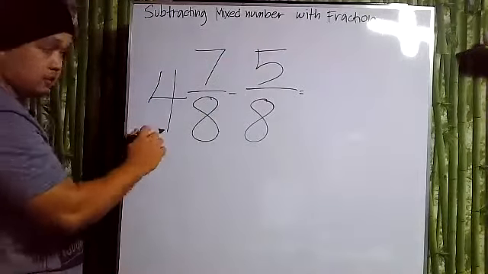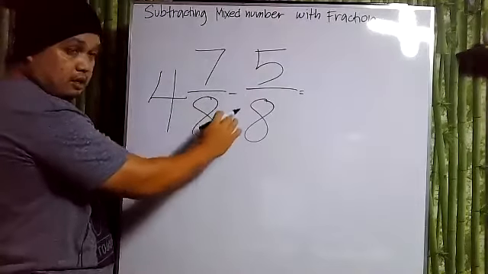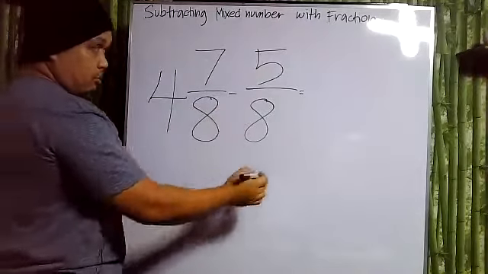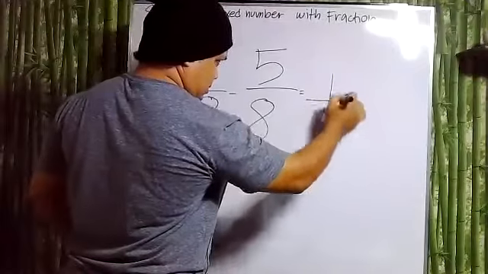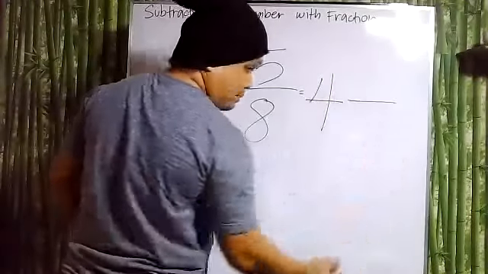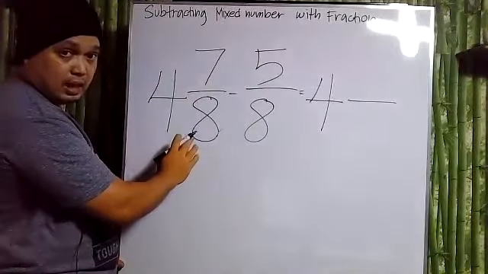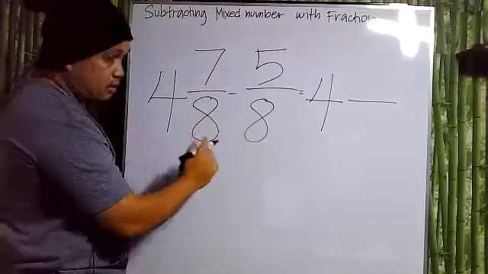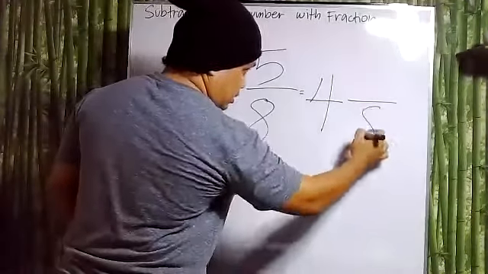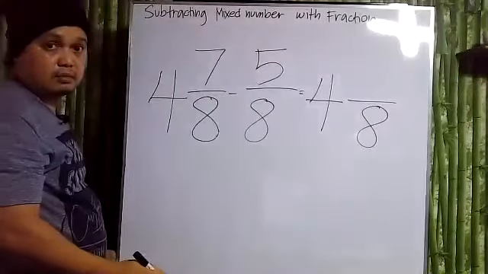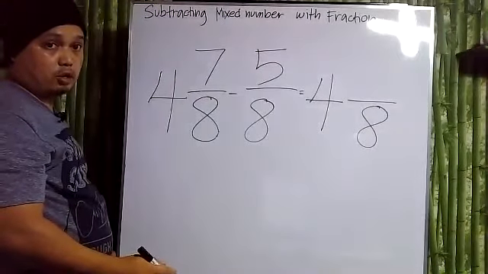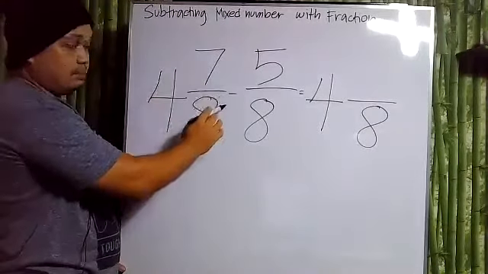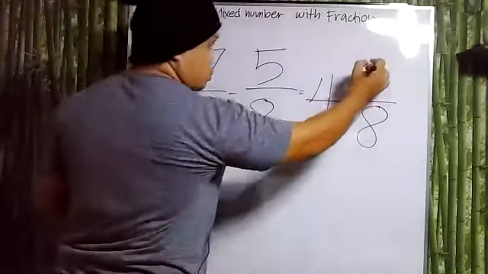Now let's answer: 4 minus nothing, because there's no whole number here, so it becomes 4. Now for our denominator, let's copy 8. 8 here, 8 here. So 8 here also. And subtract their numerators, which is 7 minus 5. That's 2.